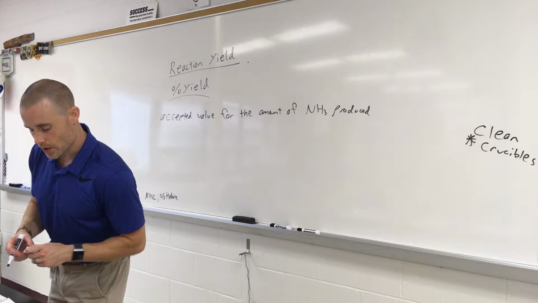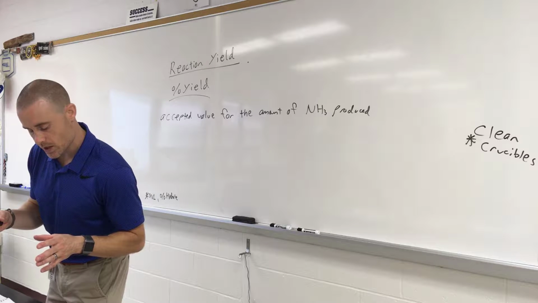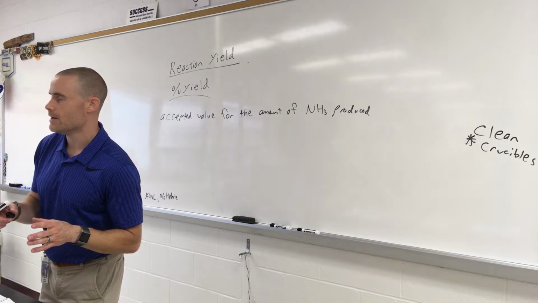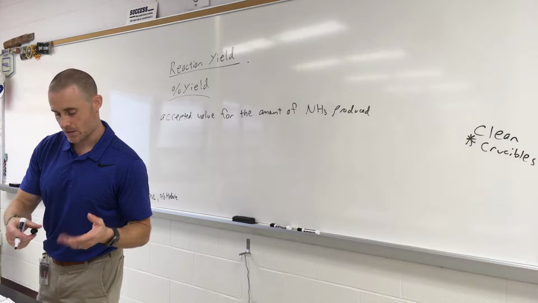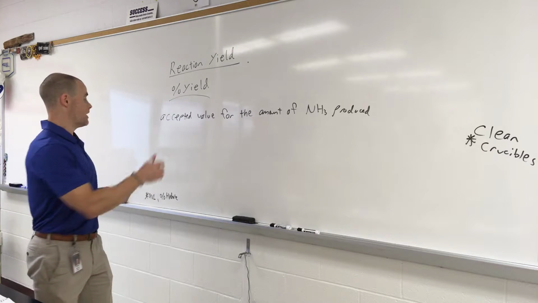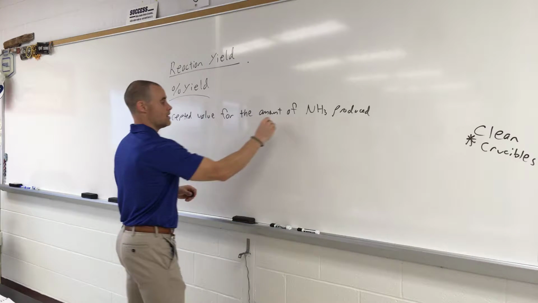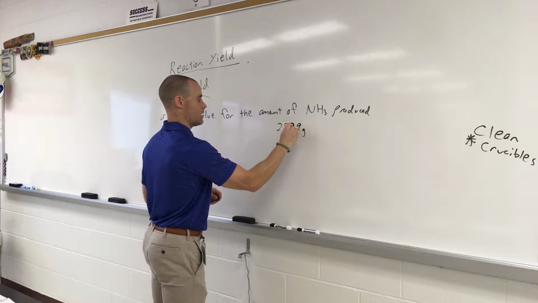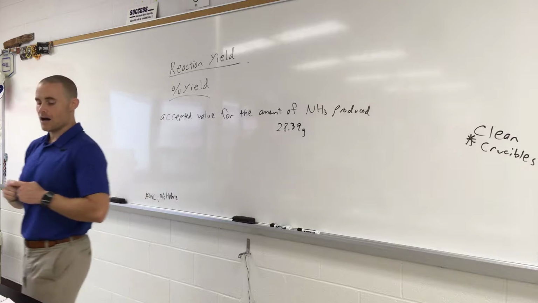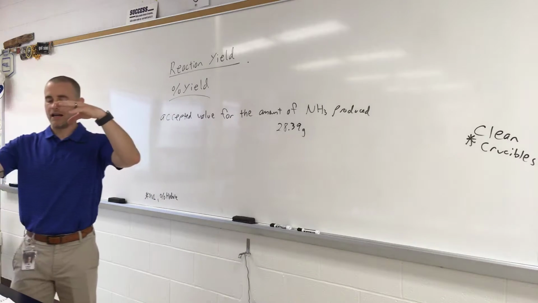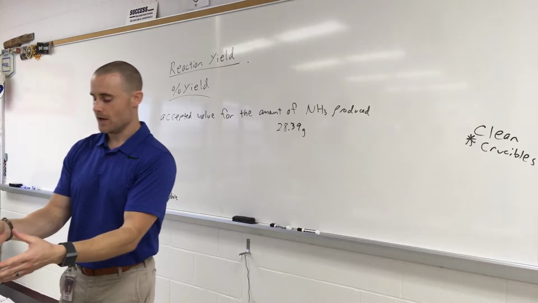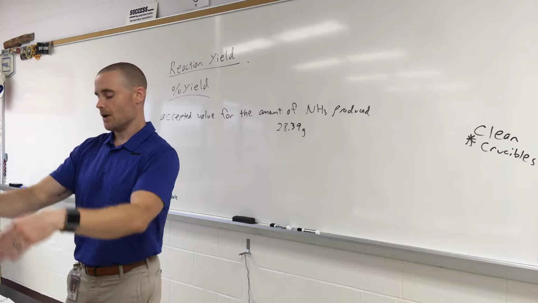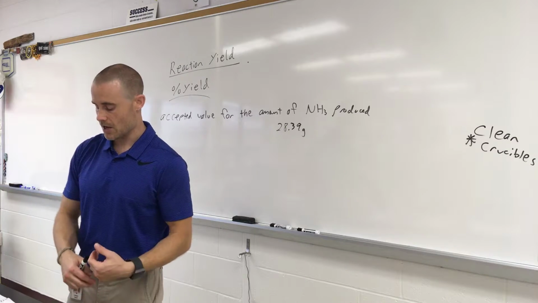The answer was what? How many grams of NH3 did we get? 28.39, right? Look back, that's what I have. So that was the accepted value: 28.39 grams. So on paper, in other words, I gave you 42 grams of N2, 5 grams of H2, and we did all the calculations.